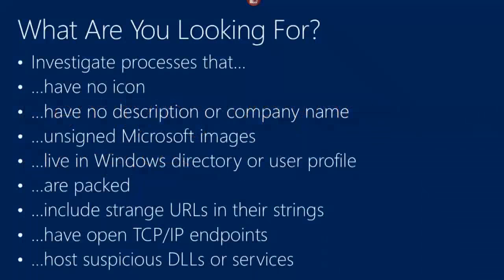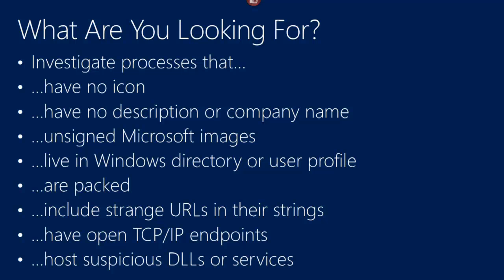All right, let's talk about identifying malware now. These are the characteristics that I came up with, again, back in 2005. Processes, the attributes they exhibit that make them look suspicious and that merit further research. Any process that doesn't have an icon, it's kind of a generic icon, no icon, doesn't have a description or company name in its version information, because most legitimate software advertises what its purpose is and who it's from.